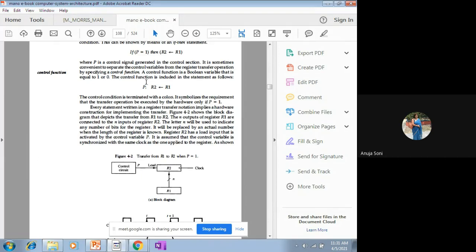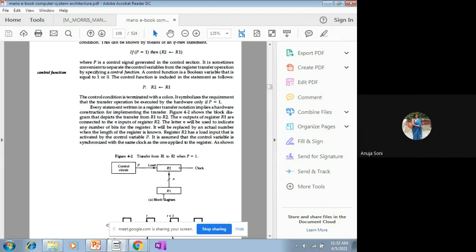So in order to describe this kind of register transfer statement, you would be asked to draw this kind of block diagram. What is the meaning of this block diagram? We are assuming that the R1 as well as the R2 registers are of size n bits. So whenever the register transfer takes place, all n bits are being transferred in parallel to register R2.